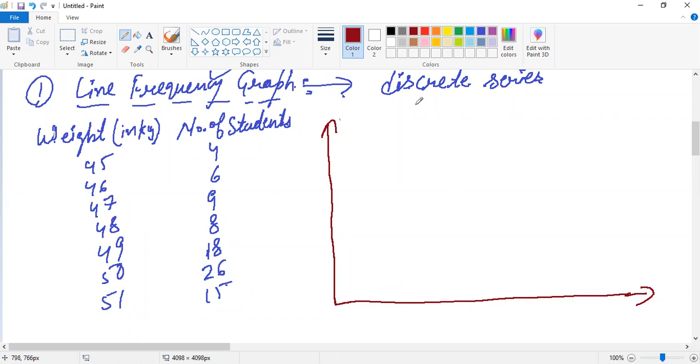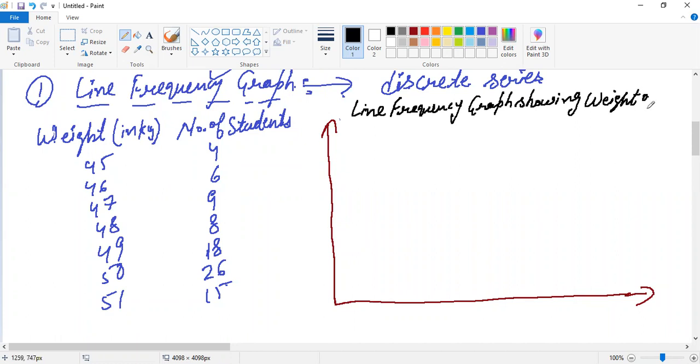Okay, students, first of all we write the heading. The heading can be: line frequency graph showing weight of various students.